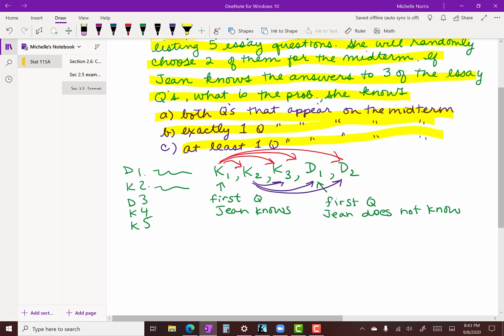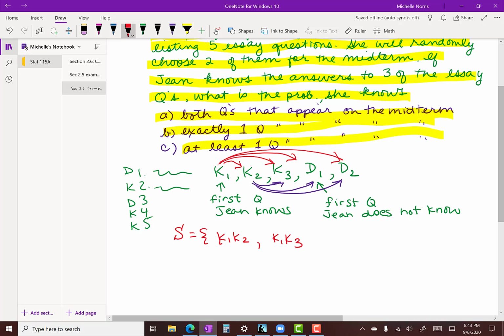Okay, so let me just write out the sample space. The sample space is going to be K1, K2. That's 1 outcome. It has 2 questions on it. Then K1, K3, K1, D1, K1, D2. Now I'm going to go with the tests that would have K2 on them, and I don't want to put K2, K1 because I already have K1, K2.